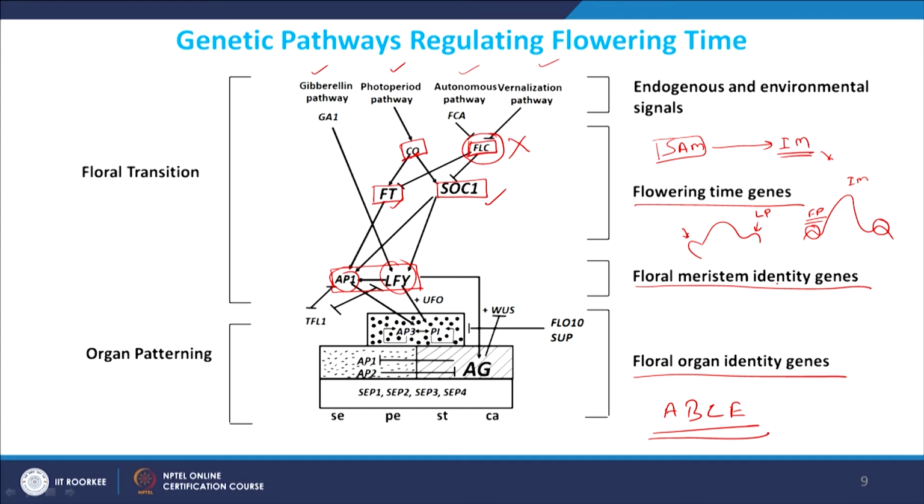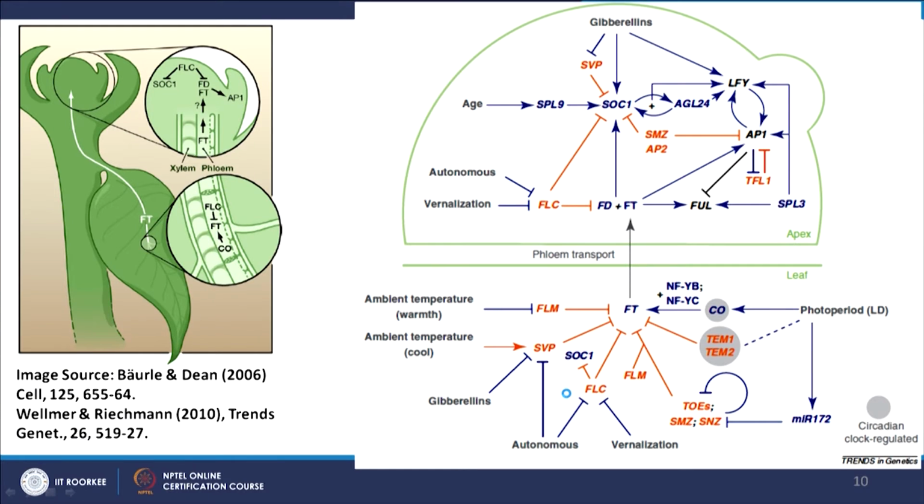It is a floral meristem identity gene, and at the same time it is also an A class gene, responsible for sepal development, which you can see on the later slide. So, LEAFY activates AP1, the A class gene; LEAFY together with UFO activates the B class genes, which are AP3 and PI in Arabidopsis; and LEAFY together with WUSCHEL activates AGAMOUS, AG, which is the C class gene; and then you have another set of genes called E class genes.